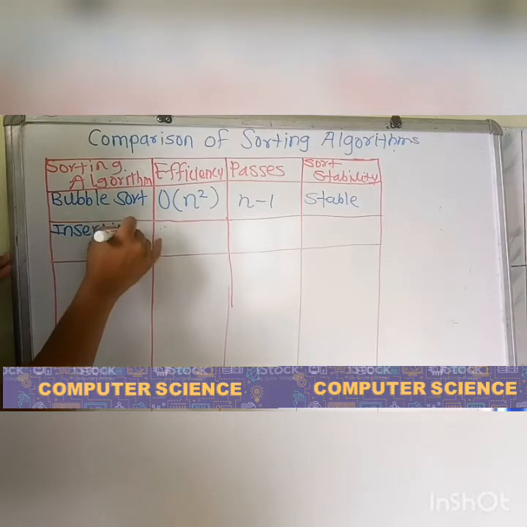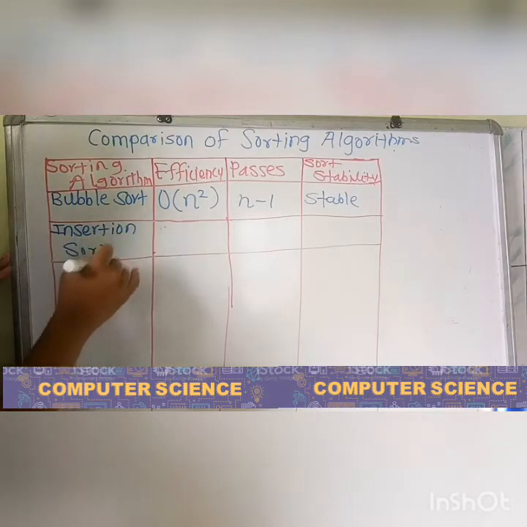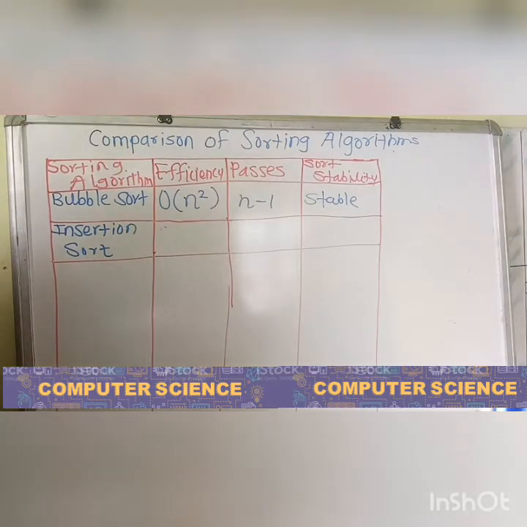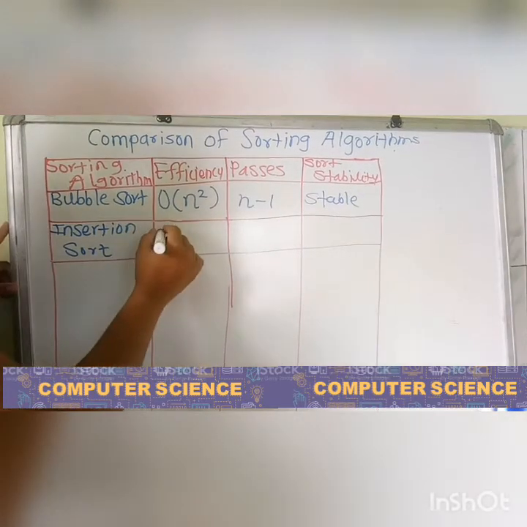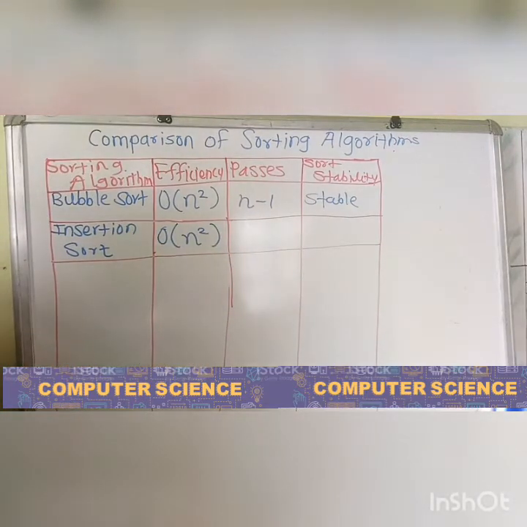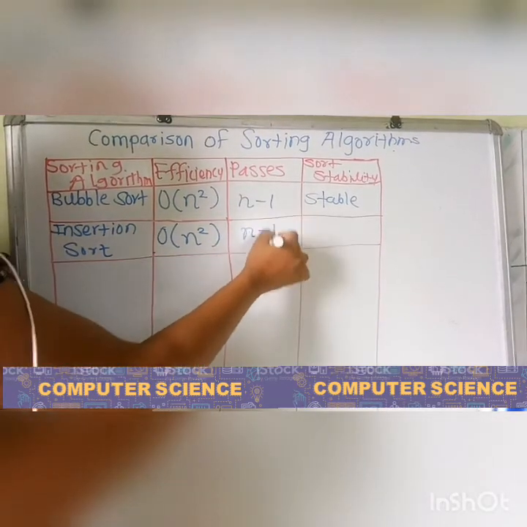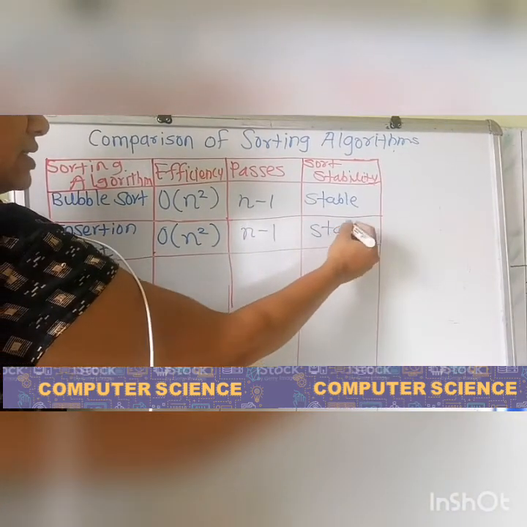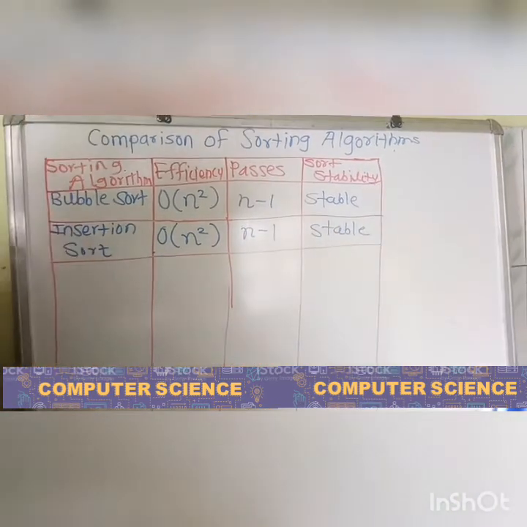In the insertion sort, as we have seen, it requires two for loops for sorting, so obviously it will also have the efficiency big O of n square. Then it will also require n minus 1 number of passes, and it is a stable sorting algorithm.